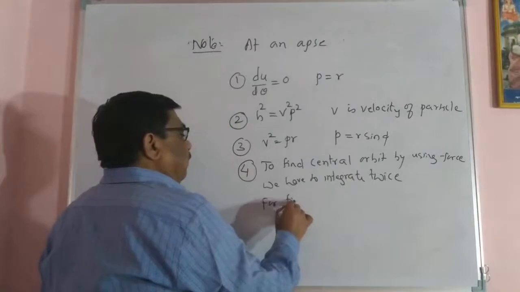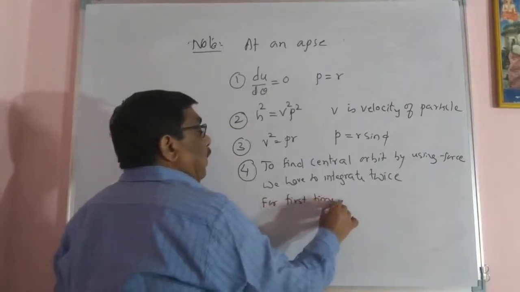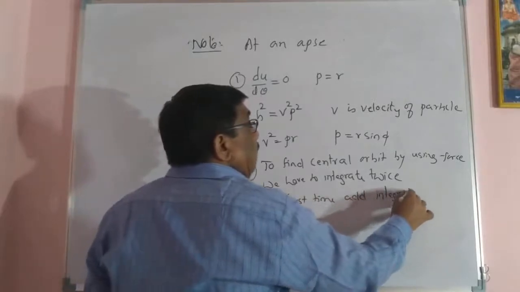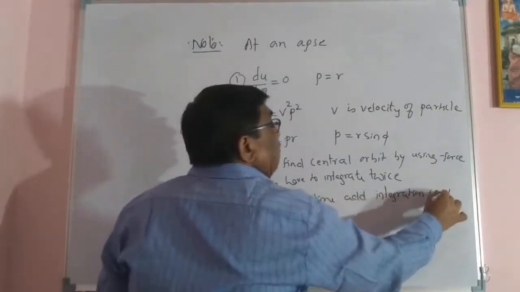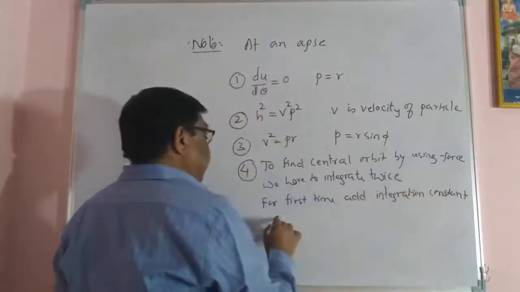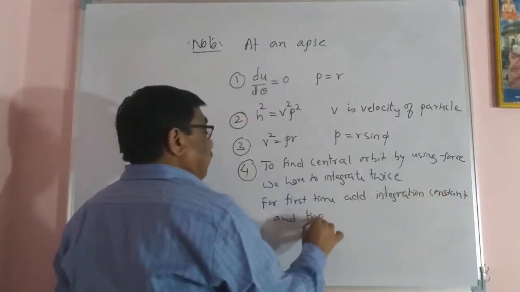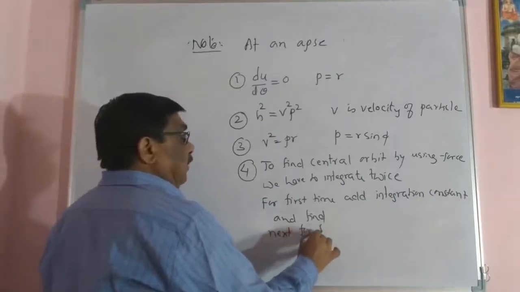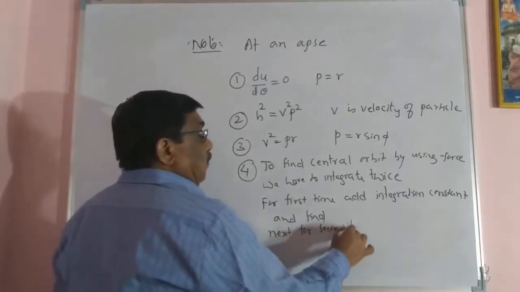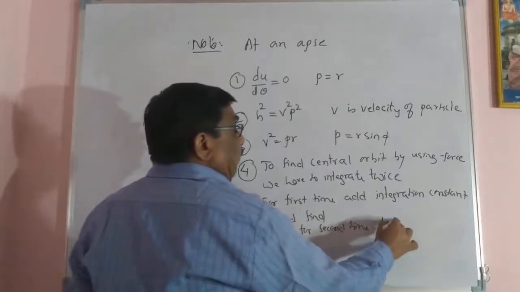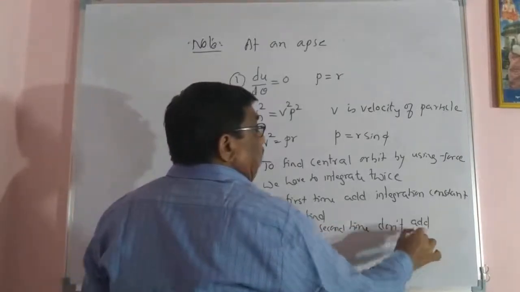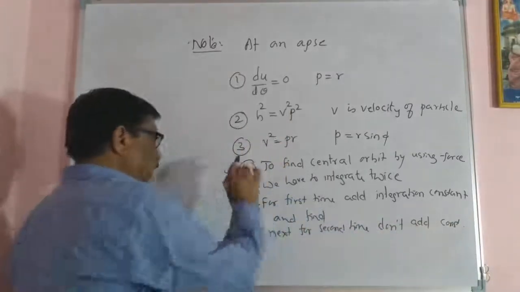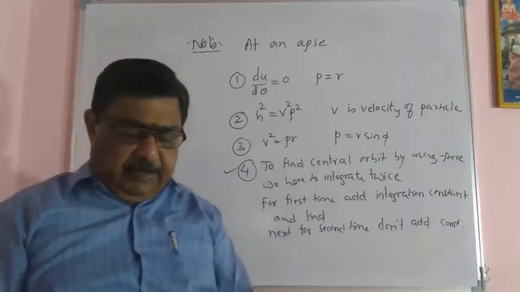First time, add the integration constant and find it. Next, for the second time, don't add the constant. This point you have to remember to find out the central orbit.